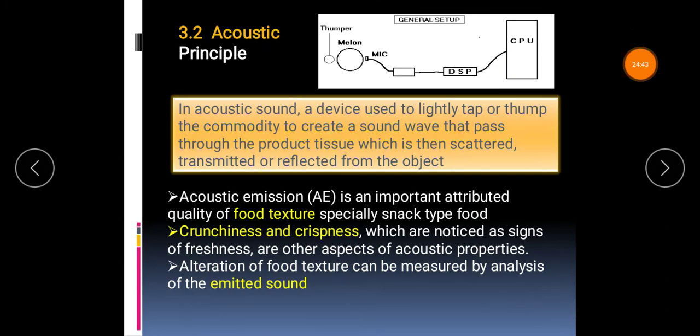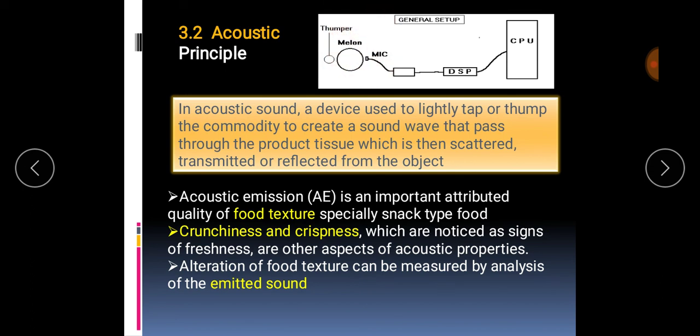Then acoustic principles. See what happens in acoustic principles. One is the tapping system, which is also called a thumper. Here one thumper is there, which will strike that food product. Suppose this is a watermelon, and this thumper is there.